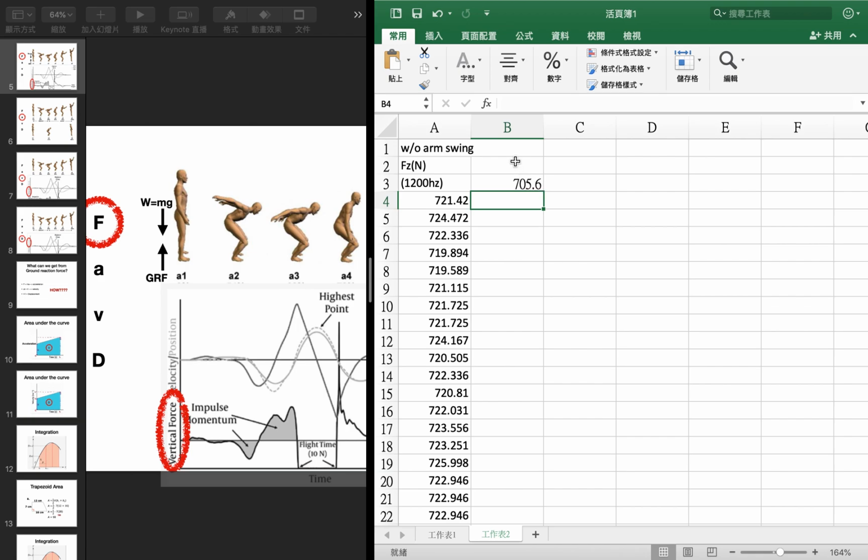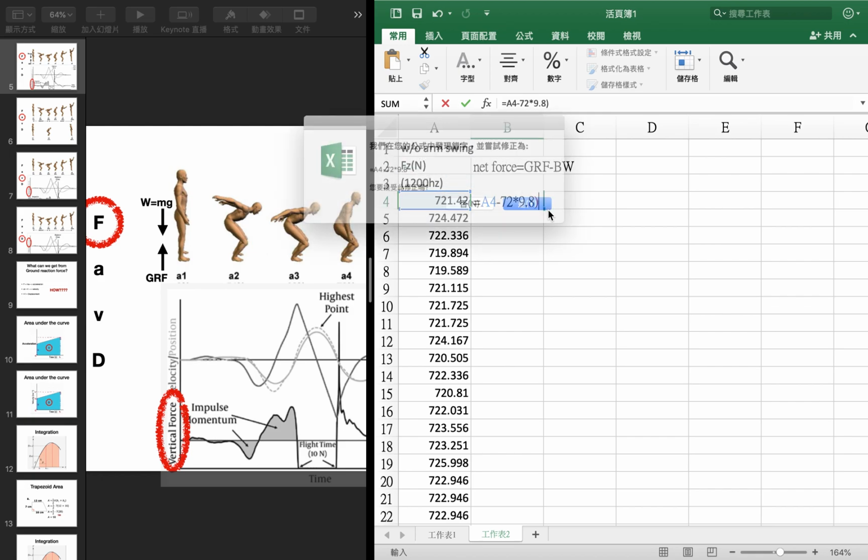Okay, so for this column, we're doing net force equals ground reaction force minus body weight. So the first one will be equal to A4 minus parenthesis 72 times 9.8 parenthesis.